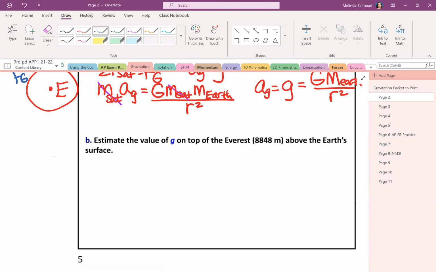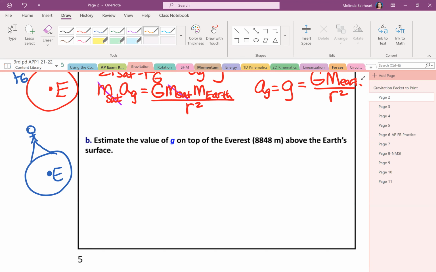If you want to draw a little picture, here's our Earth, there's the center point. Maybe here's our Mount Everest, and we're at the top of Mount Everest, right? And so what distance separates the centers? Now, true story, my radius, 1 meter, is insignificant to the 8,000, insignificant to the 6 million of that of Earth.